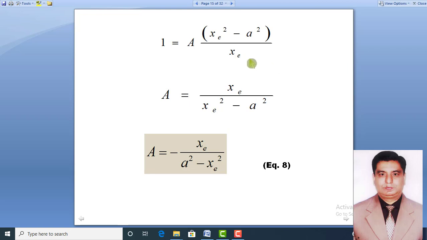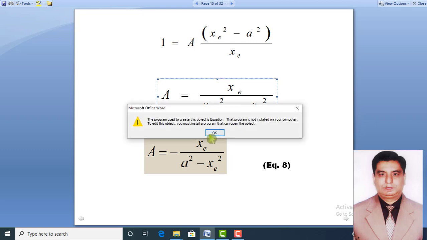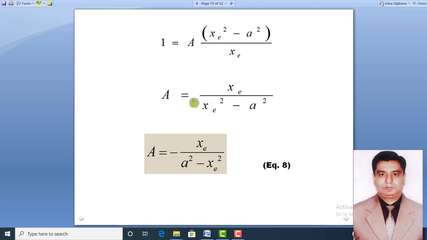Moving the denominator into the numerator and the numerator into the denominator, we need a minus sign here. It is missing in this equation because the equation editor is not working properly, so dear students, please write a minus here.